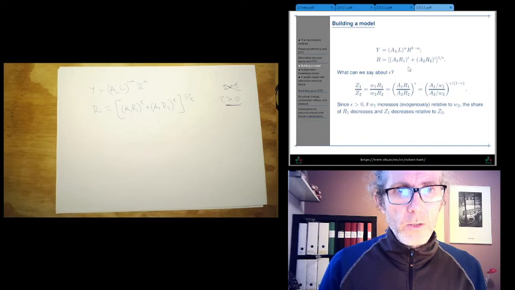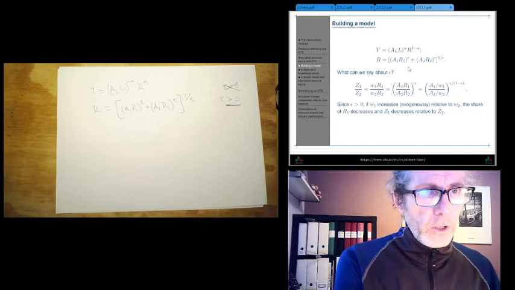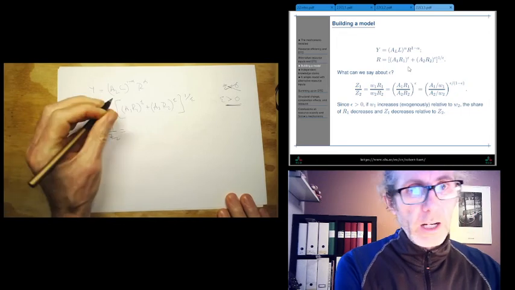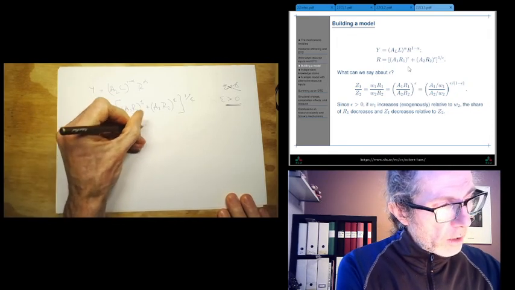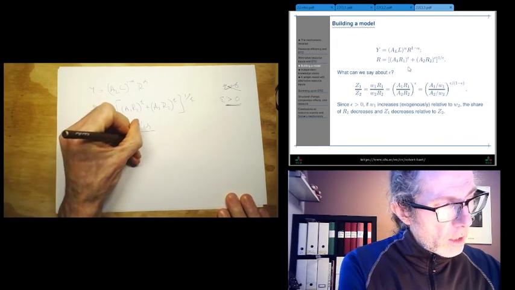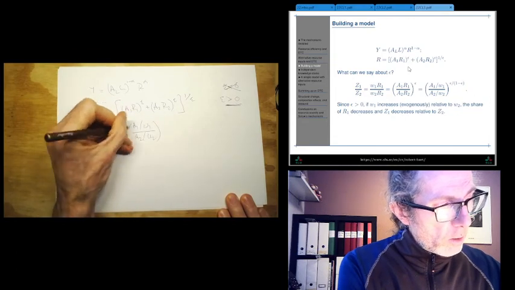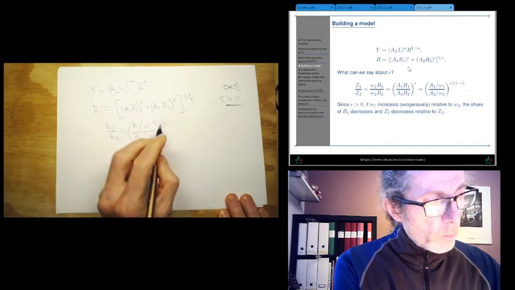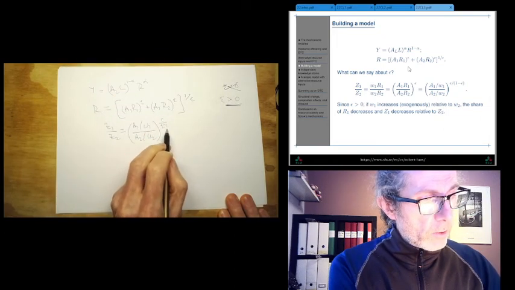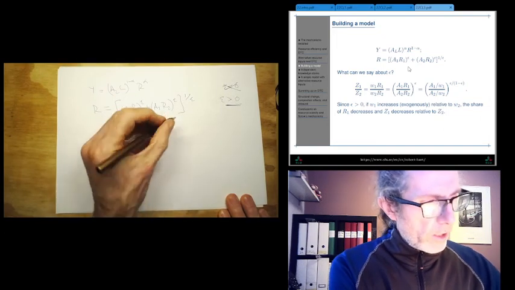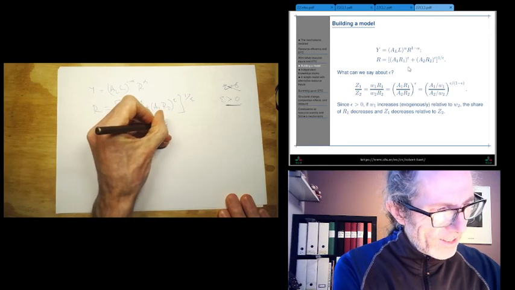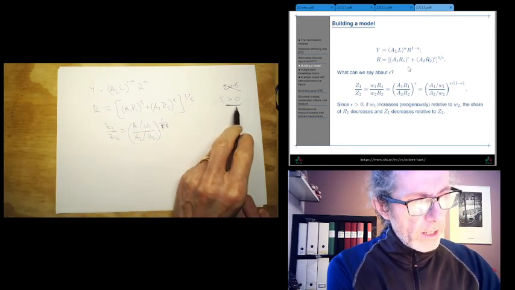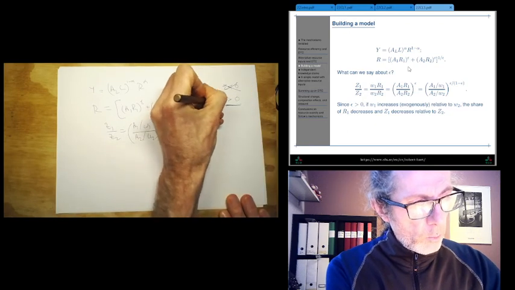But now we can see that, for instance, if we go Z1 over Z2, I'm just going to write out this bit, A1 over W1, A2 over W2, to the epsilon over 1 minus epsilon. Epsilon is greater than 0, but less than 1.